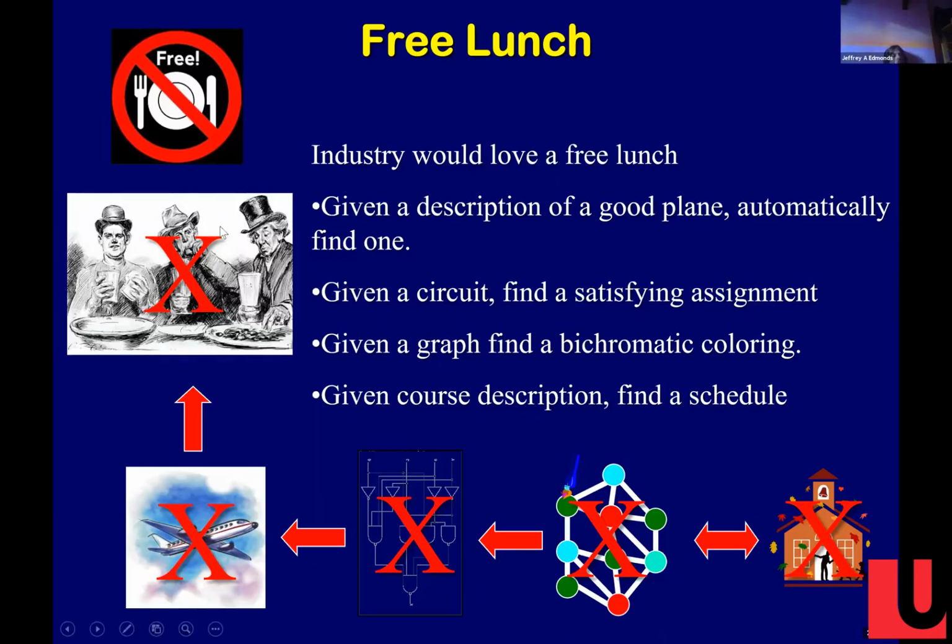That's what I mean by a free lunch. And how that relates to circuit satisfiability is I give you the circuit telling me what I require of the solution, and then can I find a solution that will satisfy that circuit? And the big red X means we do not believe there's a polytime algorithm that will do that. So we will not get a free lunch. Okay. Right?